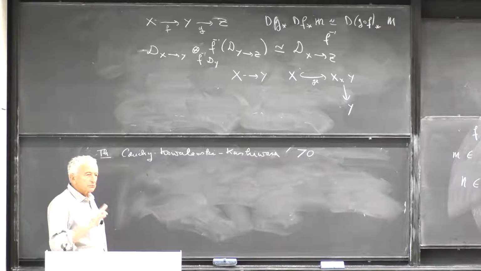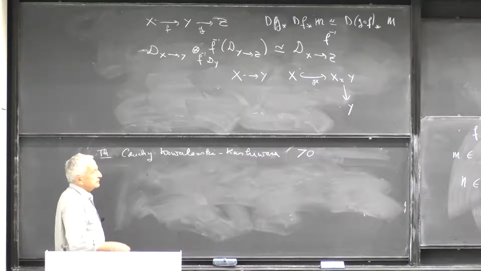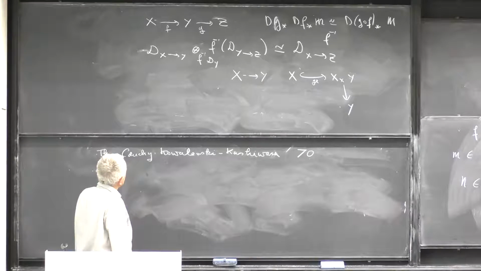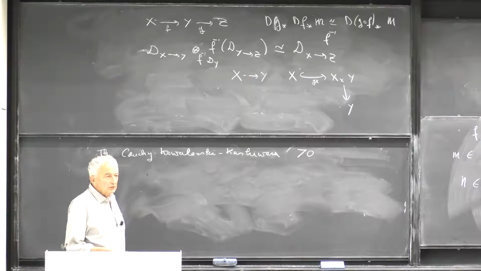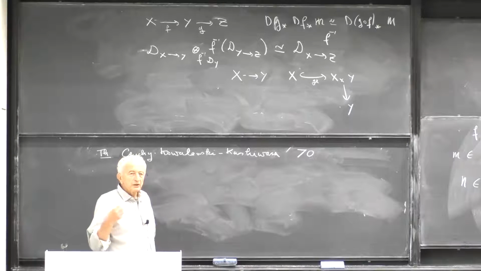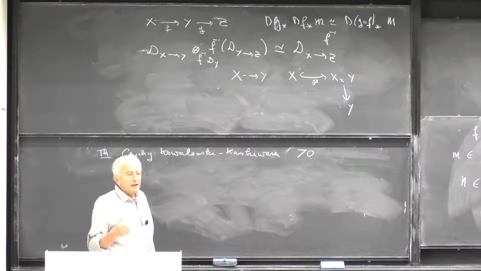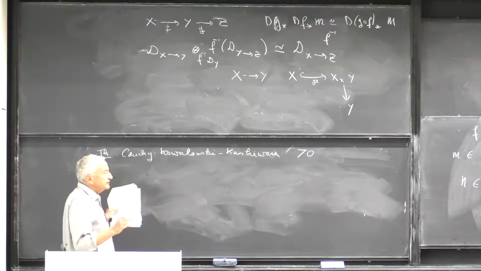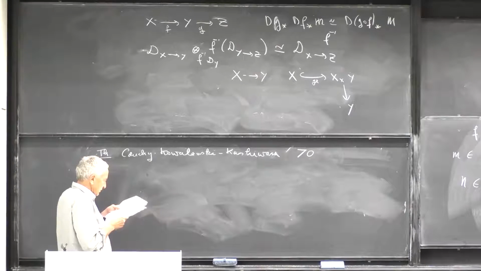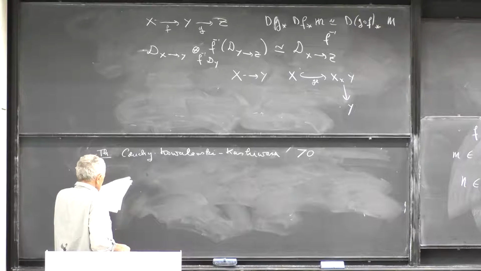At this time, Sato also had some role in this. Because until now, to be honest, people working on PDE are unable to work with systems. They work with one equation with one unknown, or sometimes a square matrix. But overdetermined systems seem out of reach. But the language of D modules says otherwise.